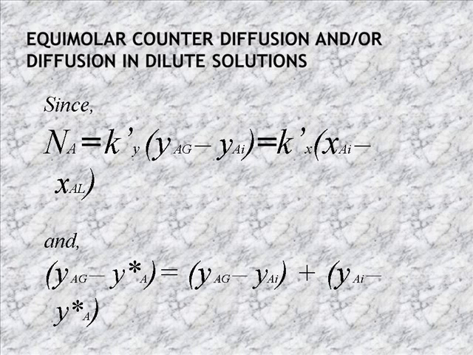We can use NA equals K prime Y times the quantity YAG minus YAI, which are the mole fractions in the gas phase and mole fraction in the interface, having in terms of Kx or K prime X, the inner quantity as XAI minus XAL.